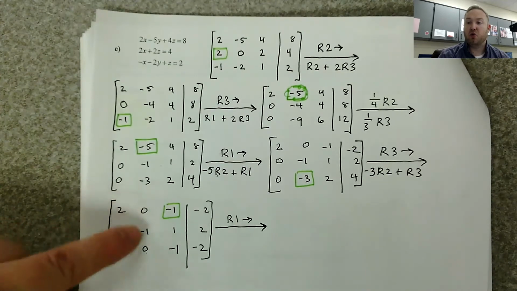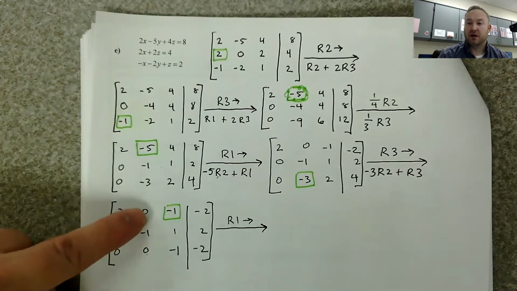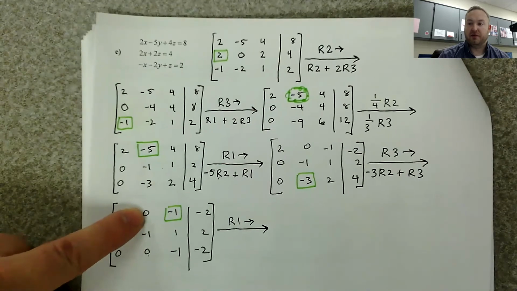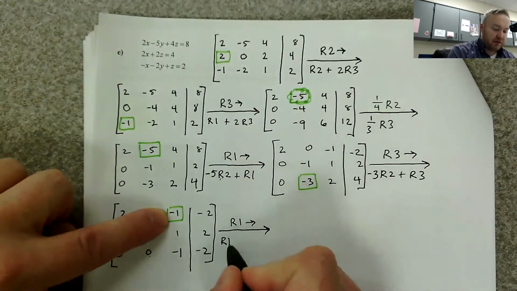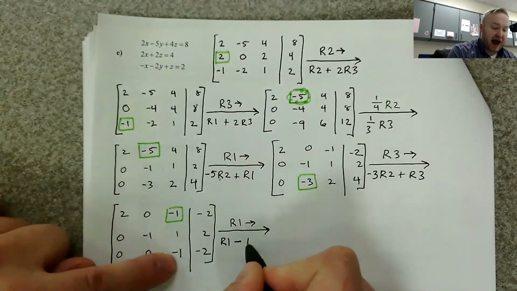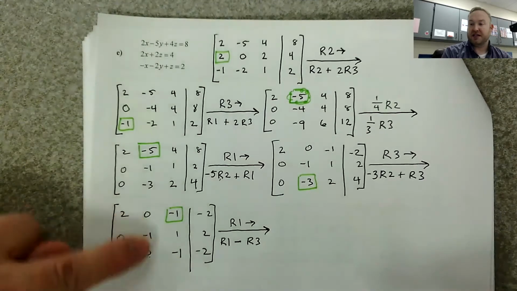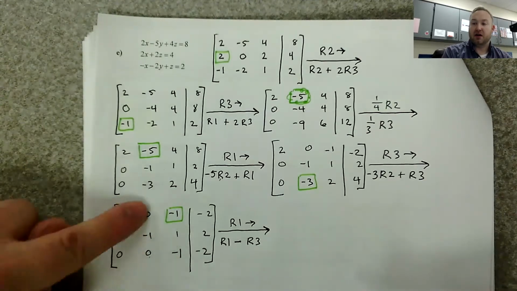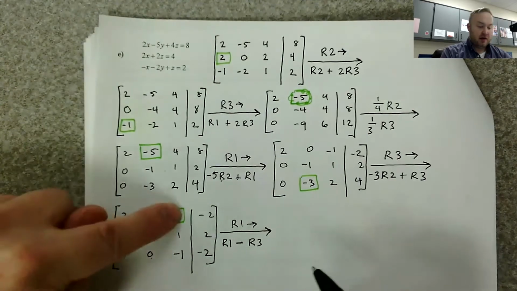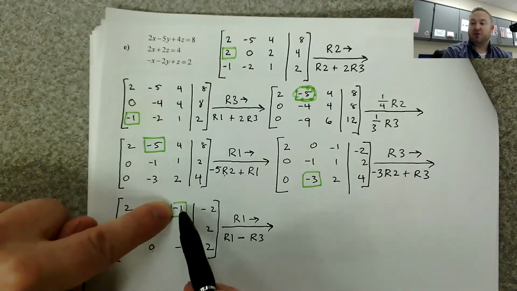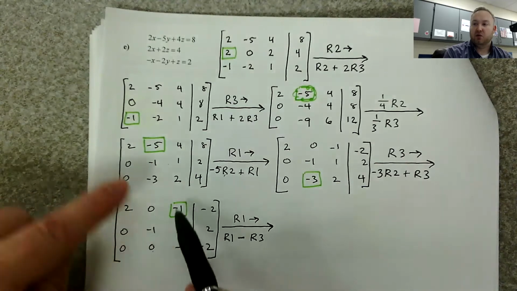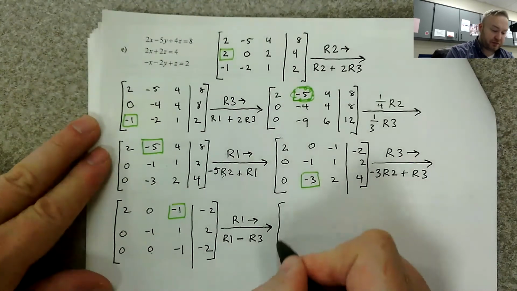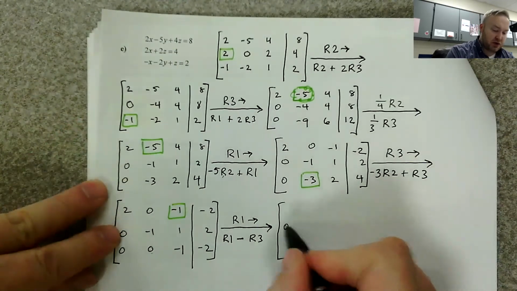You add row 1 and row 2, you're going to lose that 0. It's going to become a -1. What we're going to have to do is take row 1 and subtract row 3, because see how these zeros here aren't going to affect each other? So if I take this -1 and subtract -1, that would be -1 plus 1, which would give me a 0 there. So let's recopy row 2 and row 3.